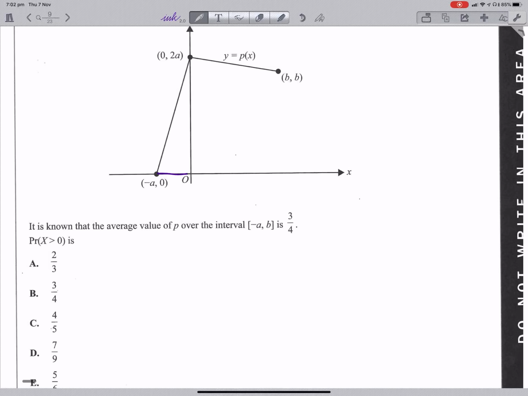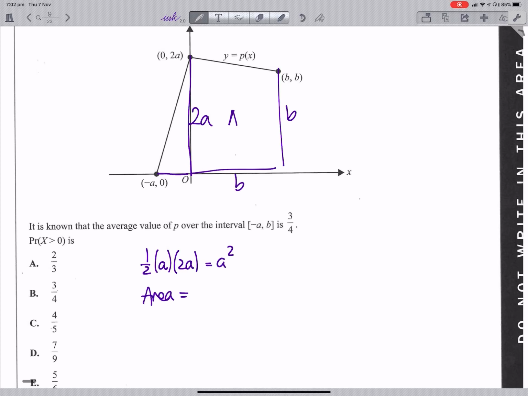So, that area, a, 2a times a half. So a half times a times 2a is equal to a squared. This area is a trapezium, 2a, b, and a height of b. So the area, we'll call this a1, a2.